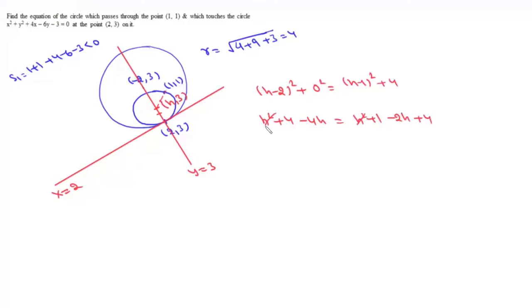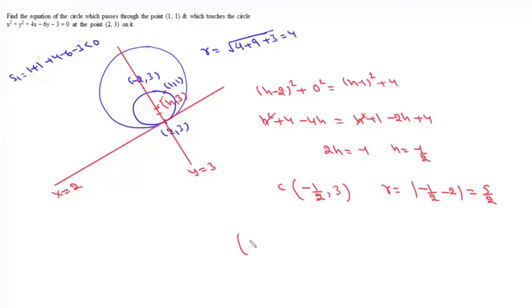Now this h square will cancel, so we'll get 2h equals minus 1. So value of h is minus 1 by 2. So center of this circle will be at minus 1 by 2 comma 3, and its radius will be simply mod of h minus 2. So it is mod of minus 1 by 2 minus 2, which is 5 by 2.